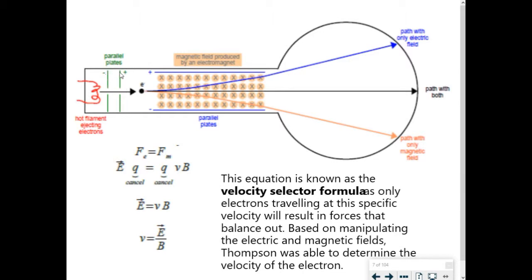He's got a negative and a positive plate. We've already talked about what happens when you have a negative and positive plate. If you have an electron, now granted, he didn't know these were electrons, but if you were to have an electron, the electron would want to go away from the negative plate towards the positive plate, so away from the anode towards the cathode.